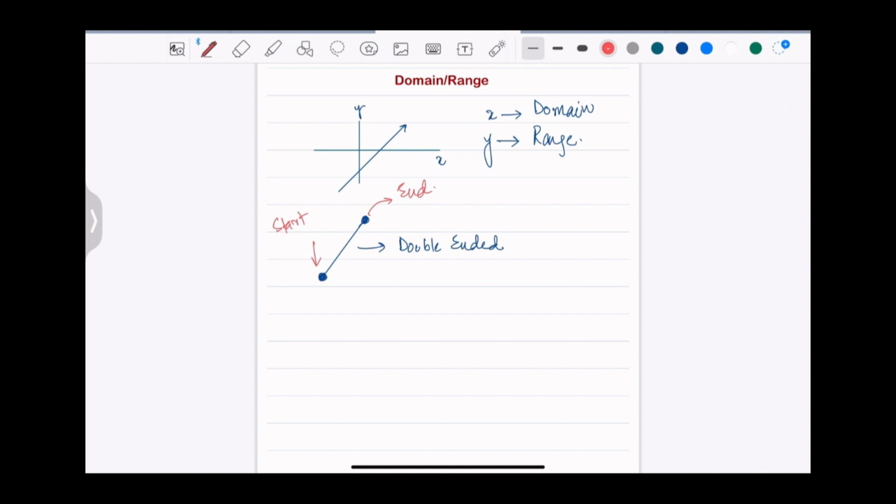So domain can be represented by looking at the starting and the ending point. So let's say a comma b and c comma d are the coordinates. So we will say that the domain is a is less than or equal to x is less than or equal to c, and the range is b is less than or equal to y is less than or equal to d.